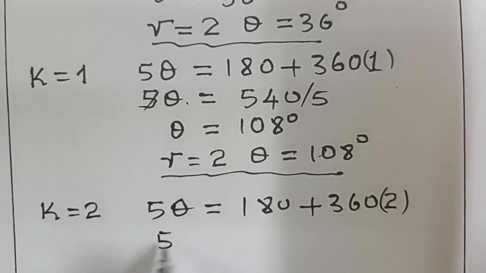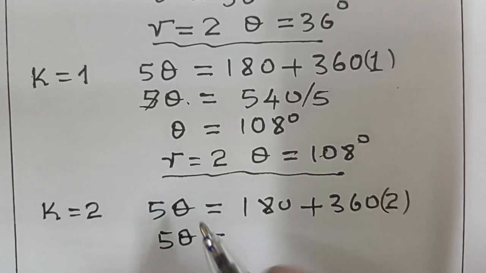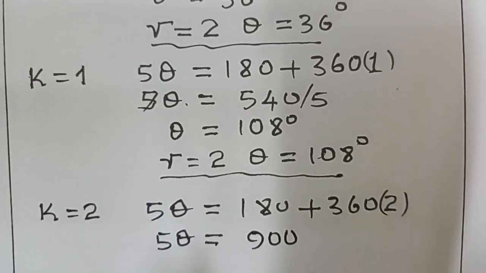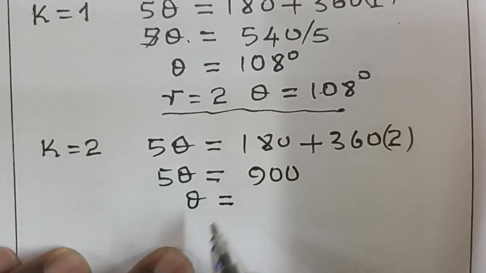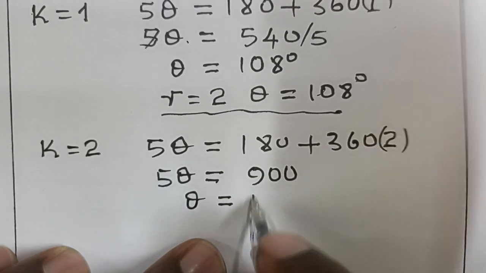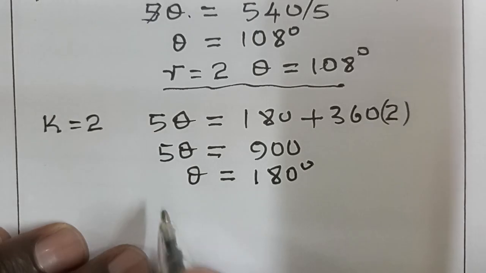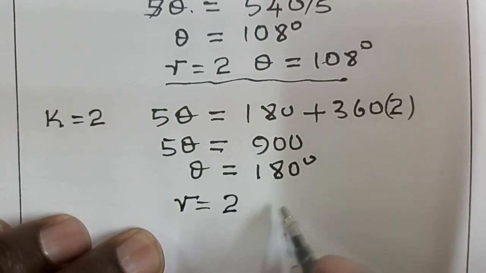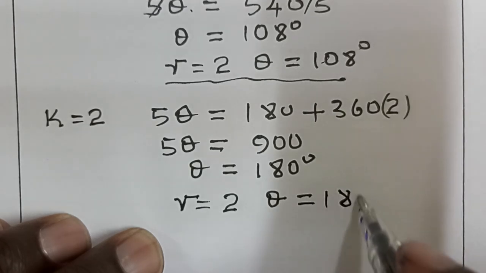That comes to 5 theta equals 900. And therefore, theta will now be equal to 180. So this is going to be r equals 2, theta equals 180 degrees.